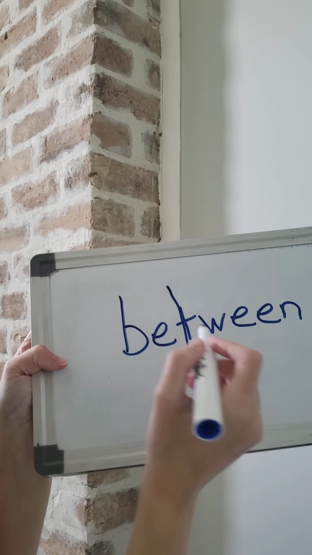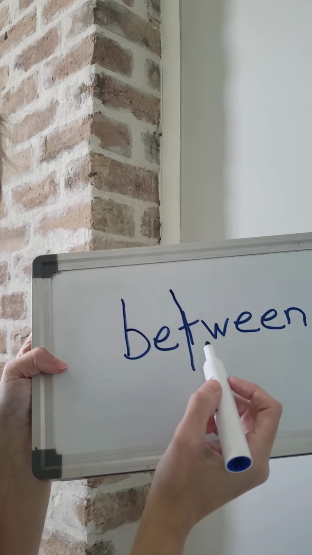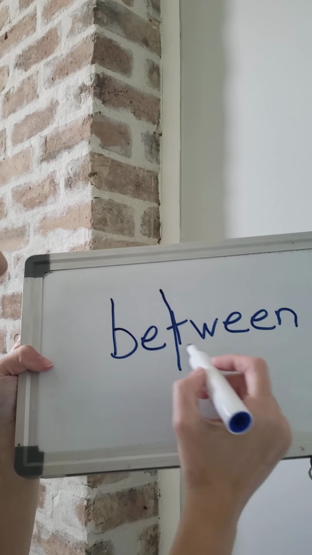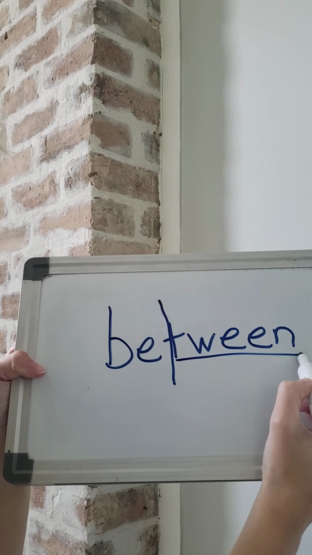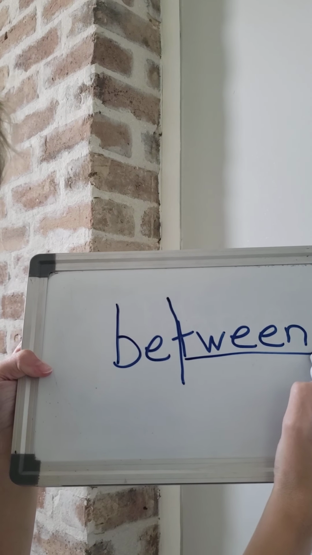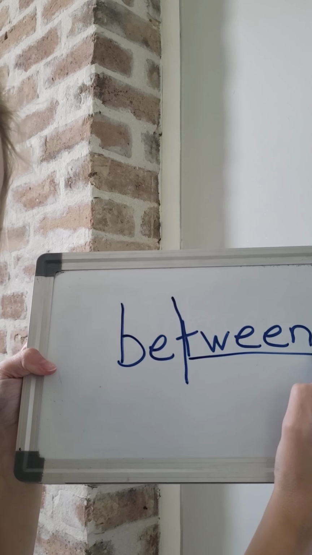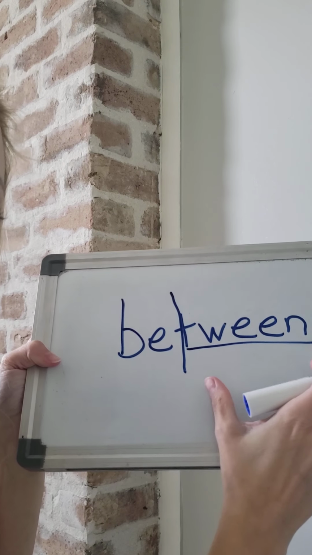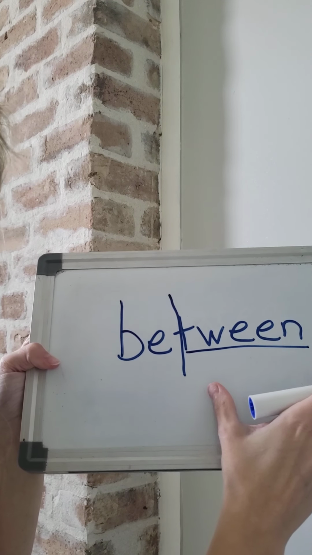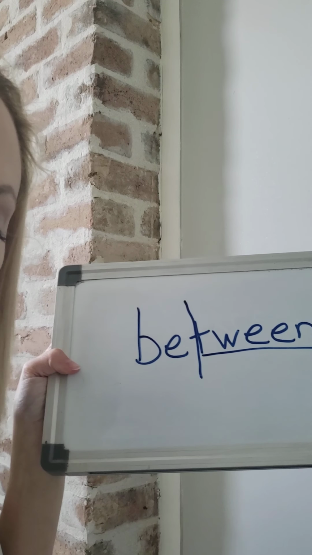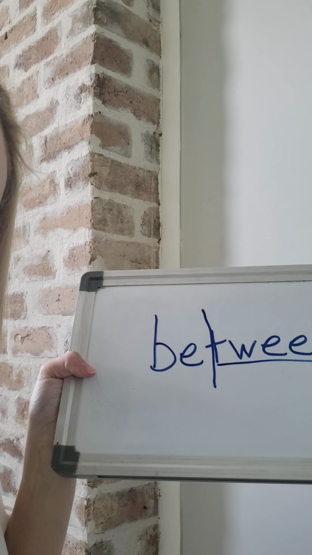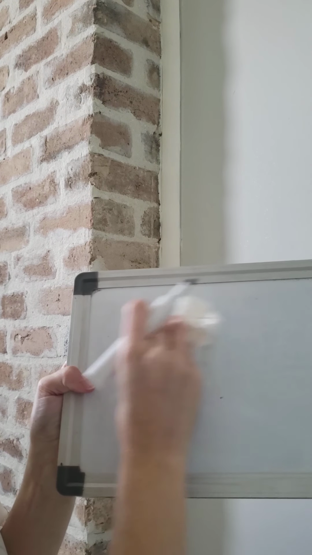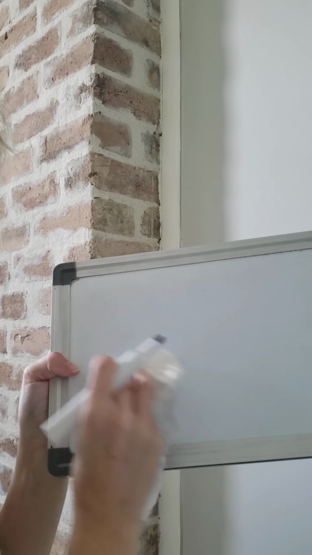Now, if we're listening for that long E, that accented E is in the second syllable in this word. So remember this when you are sorting your words today. Between is accented, that long E is accented in the second syllable. Let's practice a few more before you get started on your lesson.